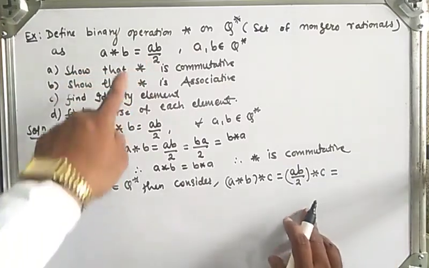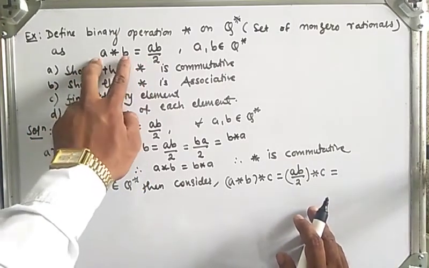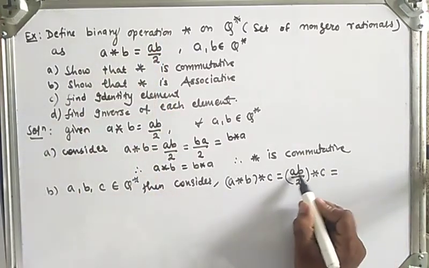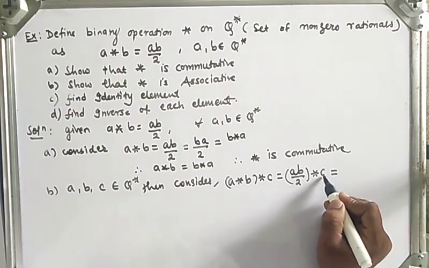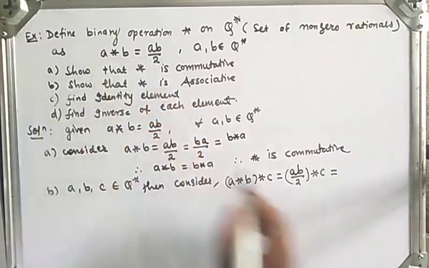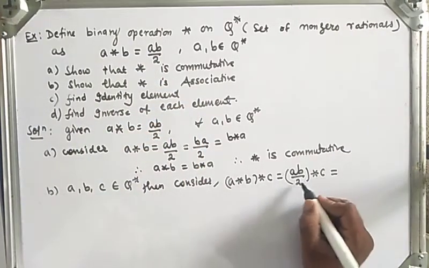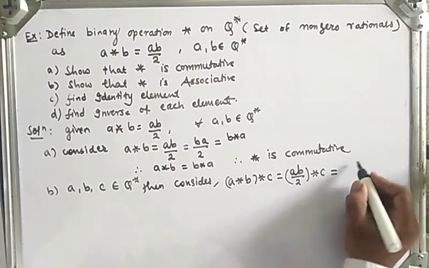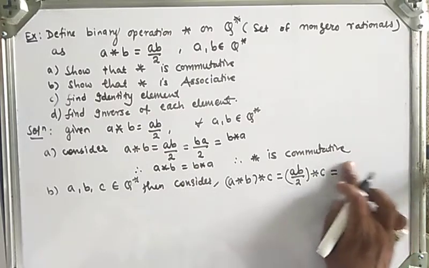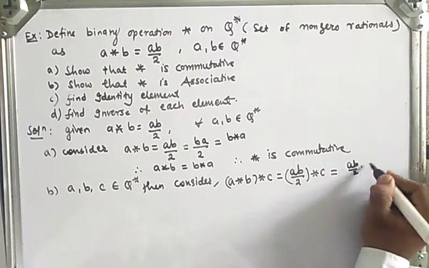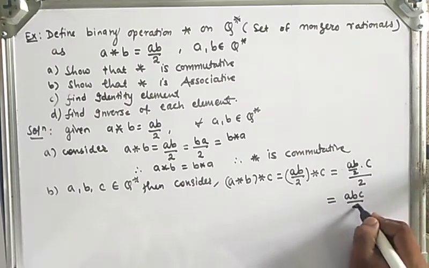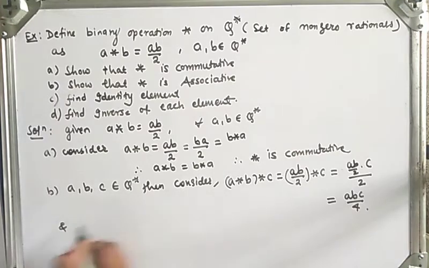By definition, a star b is the product of the two elements divided by 2. So a into b upon 2 star c is the product of these two elements divided by 2. So we get a into b by 2 into c divided by 2. After solving we will get a into b into c divided by 4, which is the LHS.